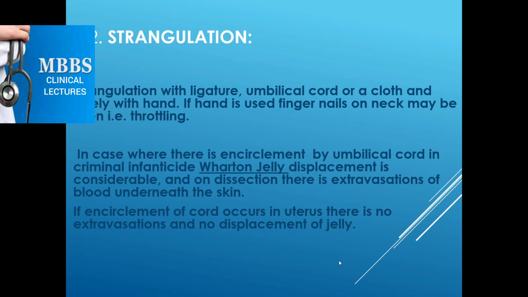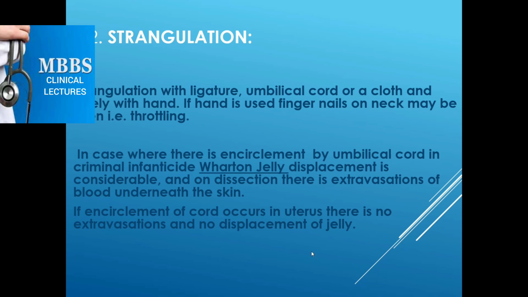While strangulation is by the encirclement of the umbilical cord around the neck of the baby, there is a difference from the cord around the neck inside the uterus. If the encirclement by the umbilical cord is with criminal intention, then there is marked displacement of Wharton's jelly, and on dissection there is extravasation of blood underneath the skin.